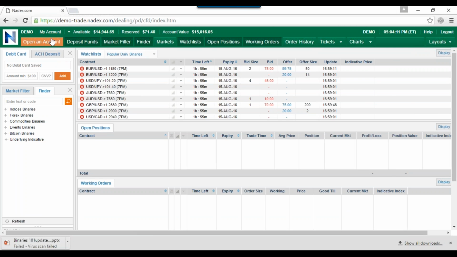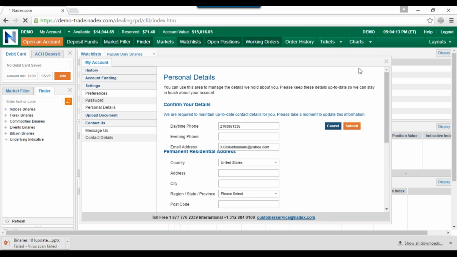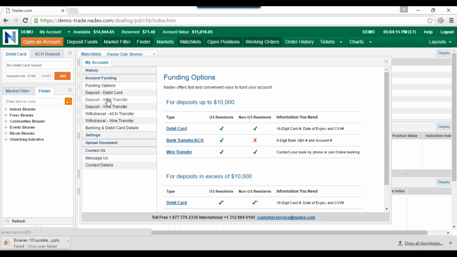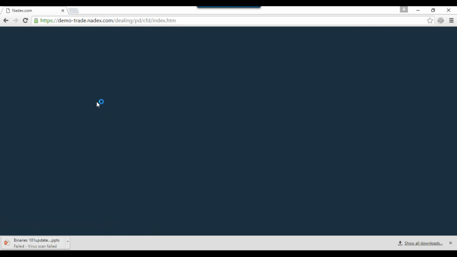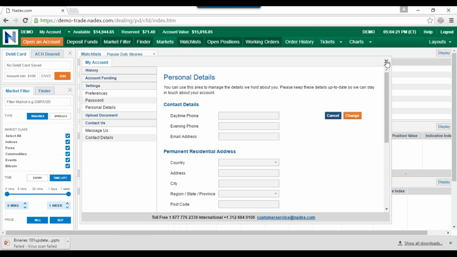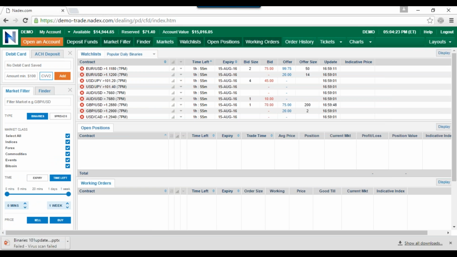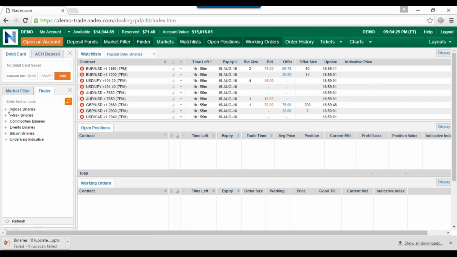Once you do that, you can go up here to My Account, hit settings and then password, and you can change that password to whatever you would like, something easy for you to remember. It's a great place to get familiar with the Nadex platform, get familiar with the different products they offer on different instruments with binaries and spreads, practice entering and exiting orders, just get a good feel of it.